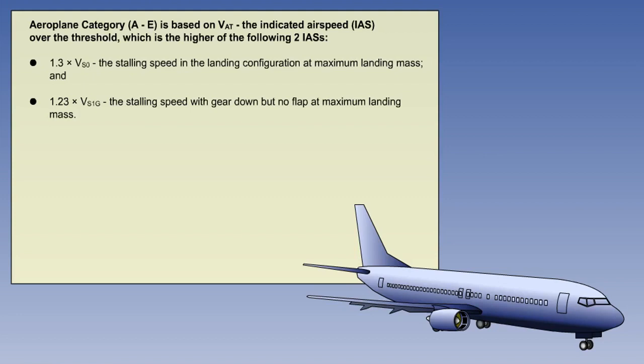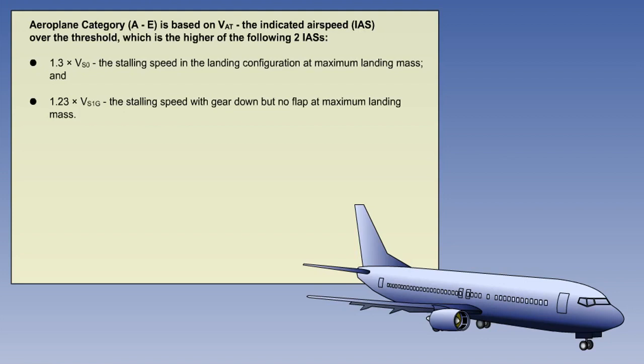This target IAS is called VAT and is at least 30% higher than the corresponding stalling speed in the landing configuration and at least 23% higher than the corresponding stalling speed flapless. The at least refers to the fact that the target threshold speed is based on the higher of the two stall speeds, which, in turn, are calculated at the aeroplane's maximum landing mass.